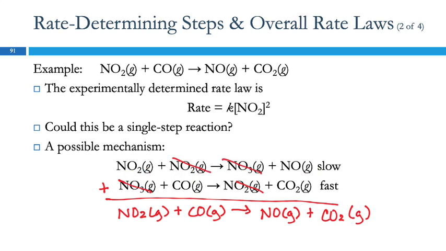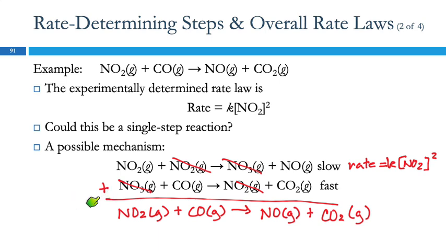The rate law for that step, the rate is going to equal a rate constant times NO2 squared. It's the concentration of this times the concentration of that. Well, this happens to match the actual experimentally determined rate law.